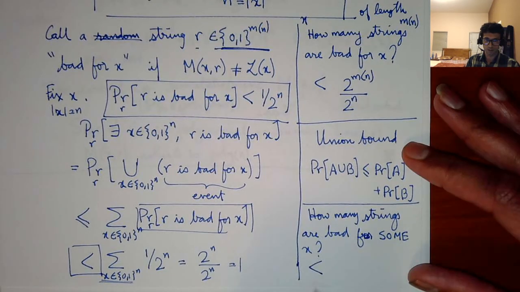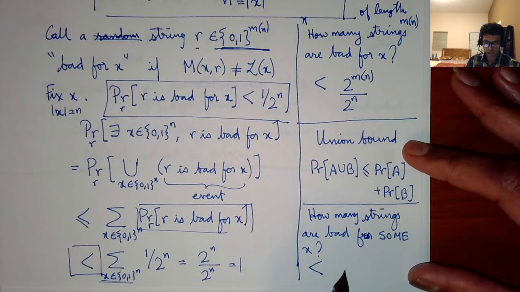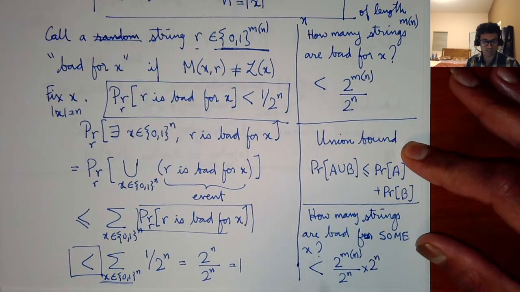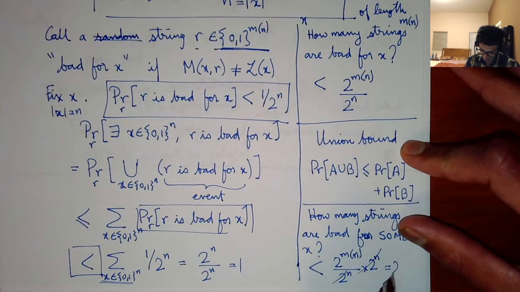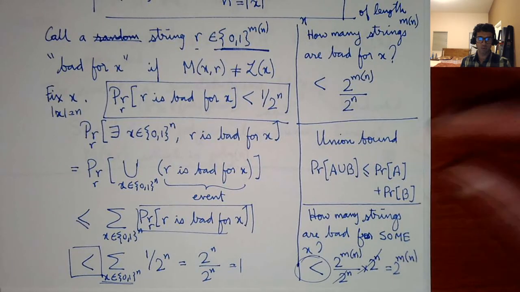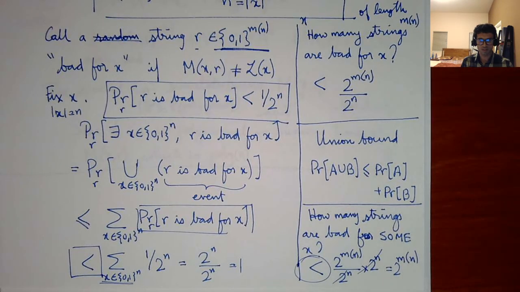Well, a trivial bound would be to say for each X, the number of bad strings is 2 to the mn divided by 2 to the n. The number of X's is 2 to the n. So they cancel out, and this is 2 to the mn. Now there is a strict inequality here, so that the number of strings bad for some X is strictly less than 2 to the mn.